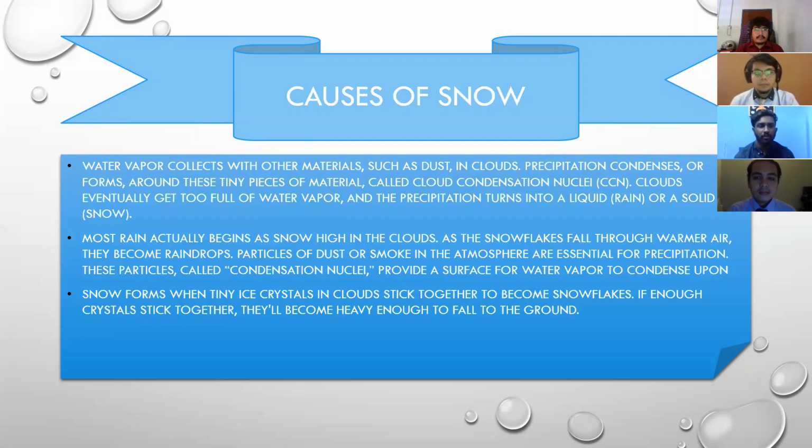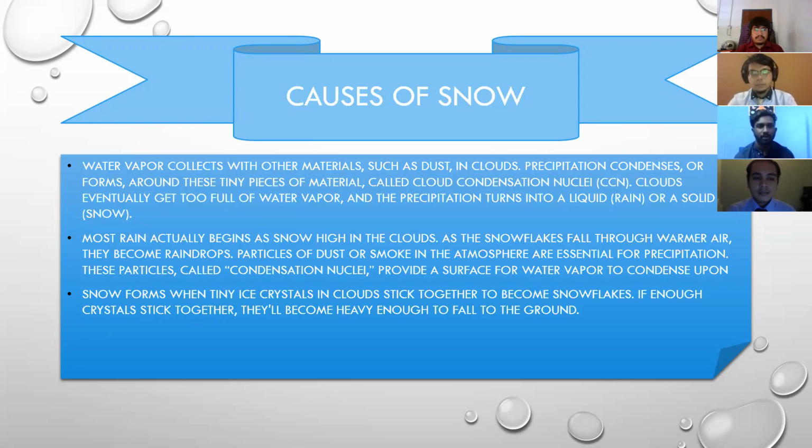Most rain actually begins as snow high in the clouds. As the snowflakes fall through warmer air, they become raindrops. Particles of dust or smoke in the atmosphere are essential for precipitation. These condensation nuclei provide a surface for water vapor to condense upon.